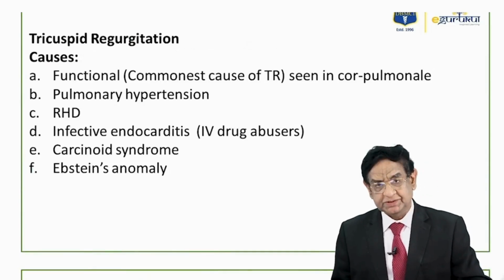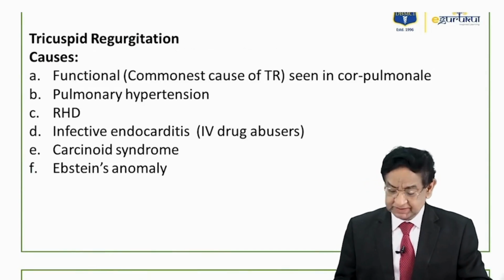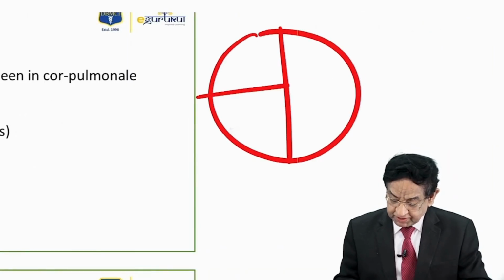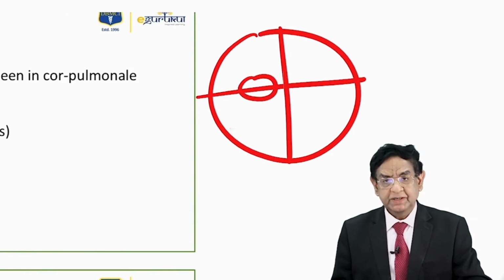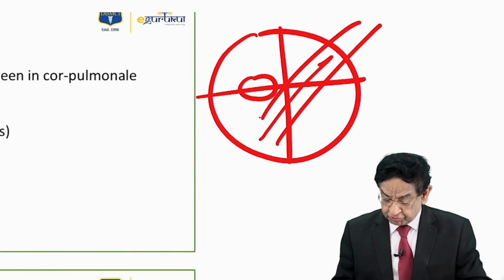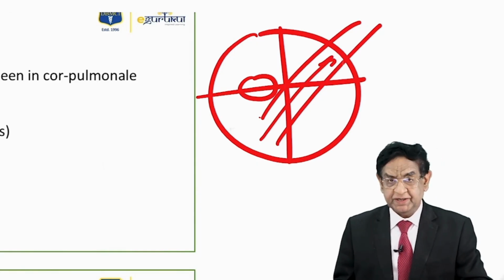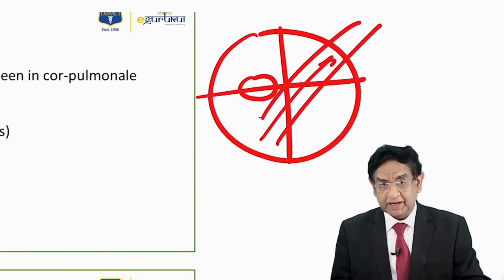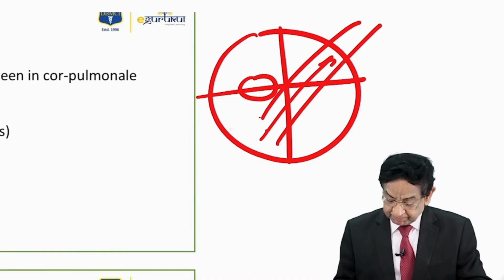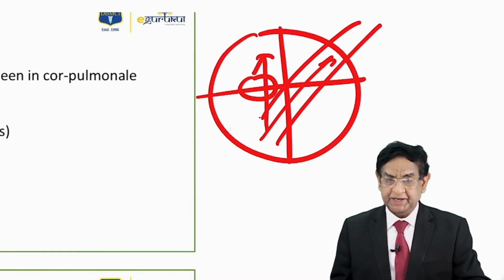What are the causes? But before causes, just a very brief about TR. TR means during systole, ideally, the blood should go from right ventricle to the pulmonary artery. But here, some blood goes to the pulmonary artery and some blood goes back to the right atrium.